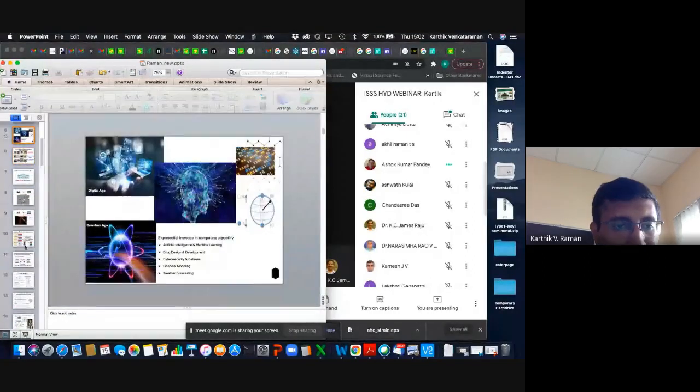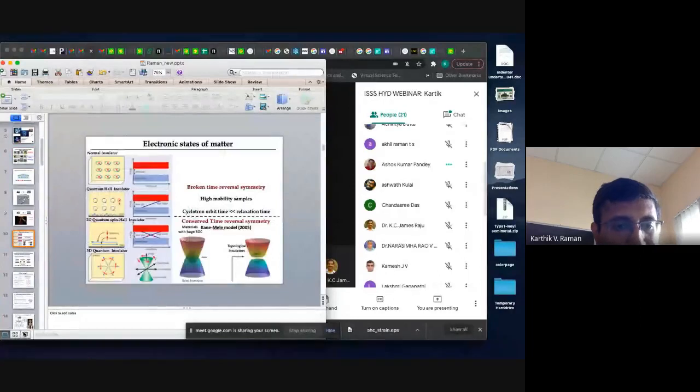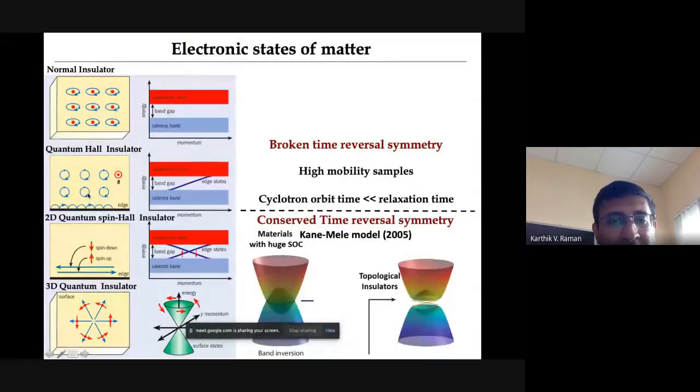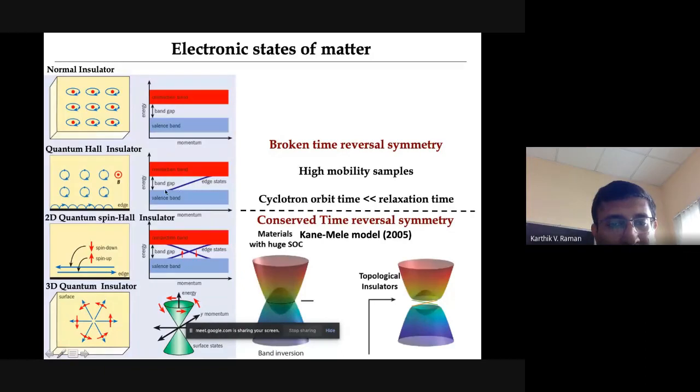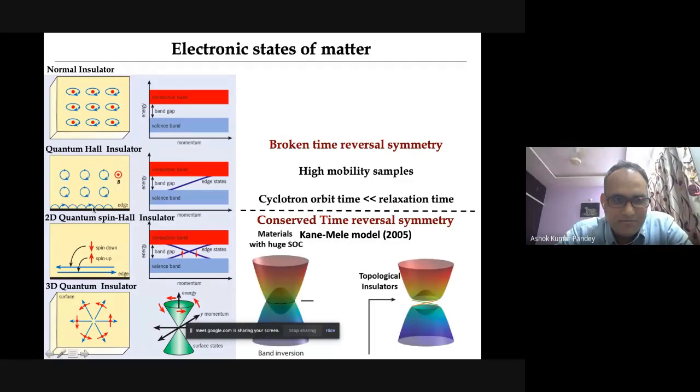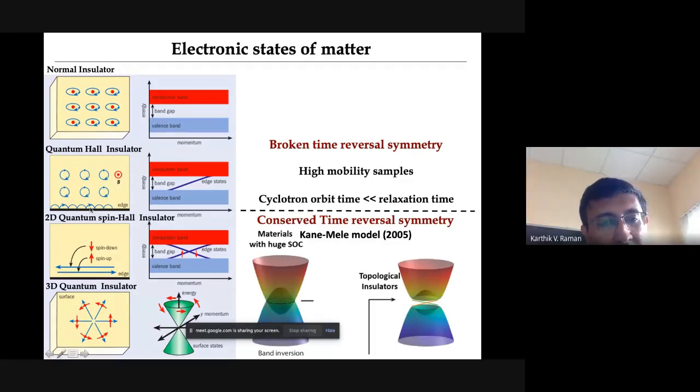So let's take this edge state here, and this is drawn by this dispersion. Now if I have an electron which is here, this electron can only propagate in one direction. It cannot go back.